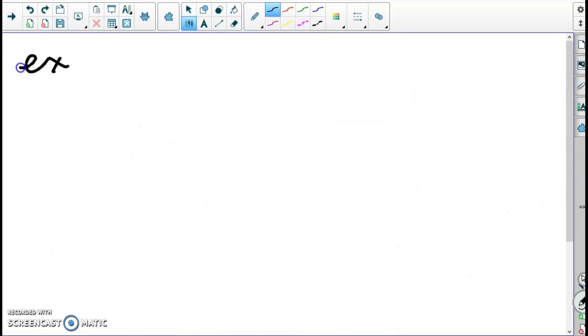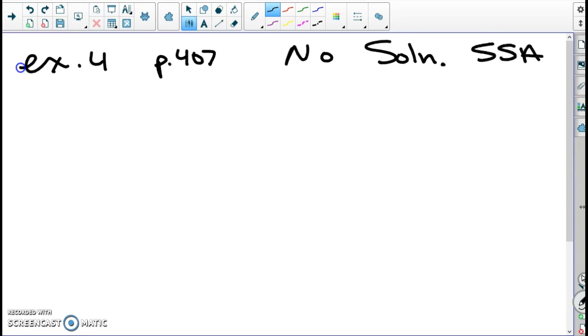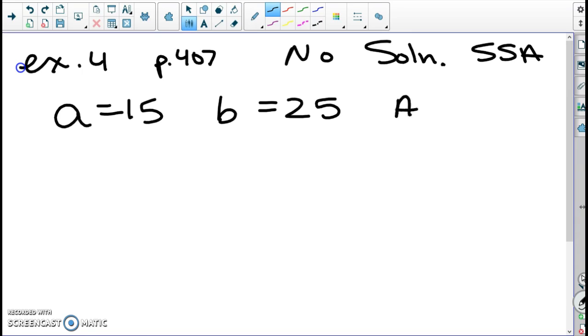Looking at example 4 at the top of page 407, it says, in the case where we have no solution in our ambiguous situation, in the case of side-side angle, we're going to look at an angle where A is 15, B is 25, and big A is 85 degrees.